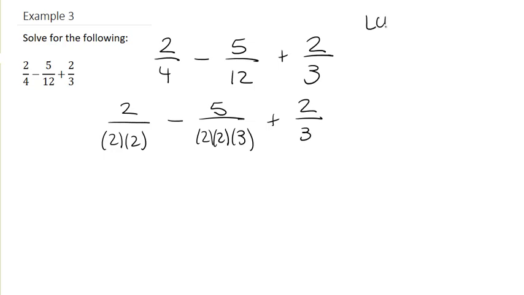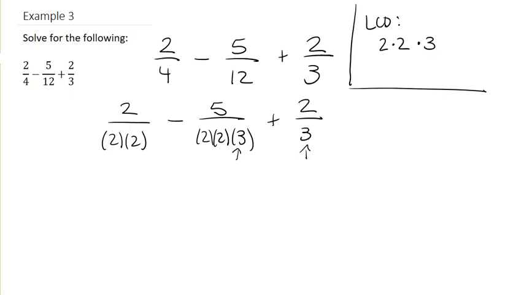So our least common denominator will then be, we're going to take all the unique factors. So we have 2 2's, and then we have 1 3. So we don't need to multiply by 2 3's because this is just 1 3 in this term, and this is just 1 3 in that term.